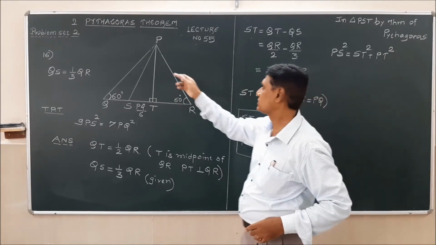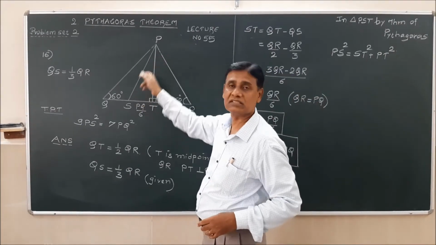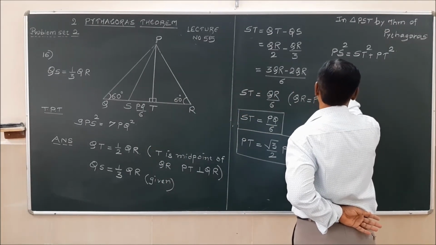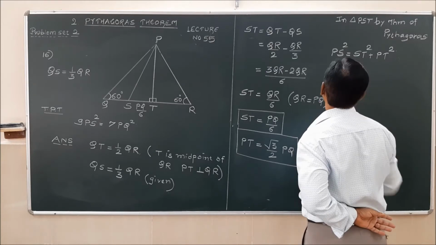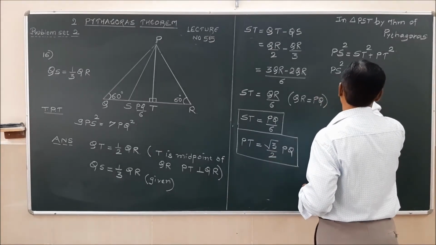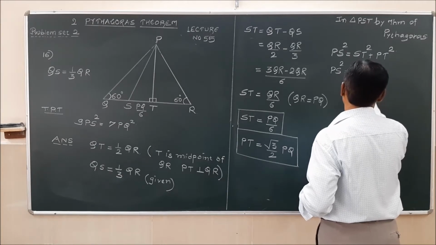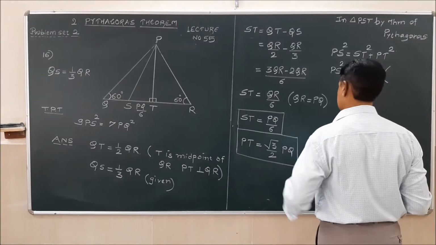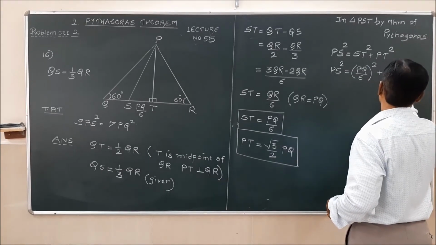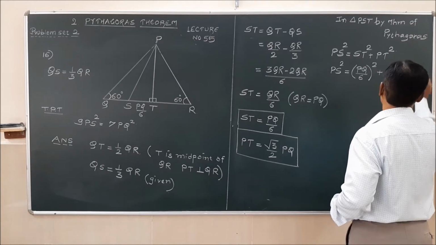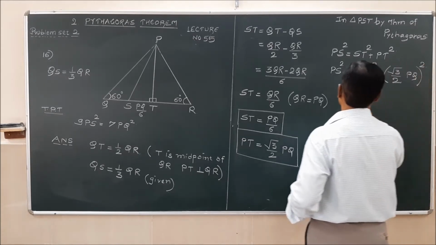PS is the hypotenuse in triangle PST. So PS square is equal to ST, whose value is PQ upon 6, the whole square, plus PT, whose value is root 3 upon 2 PQ, the whole square.